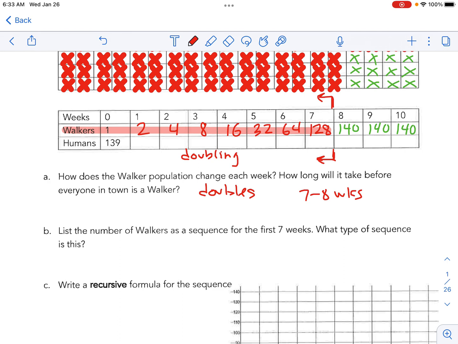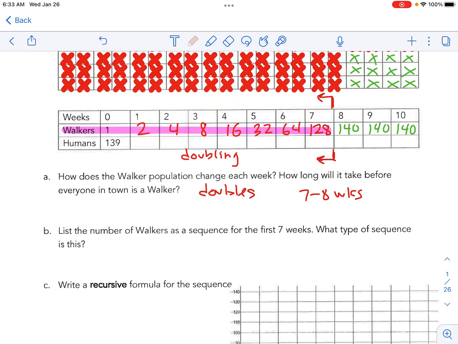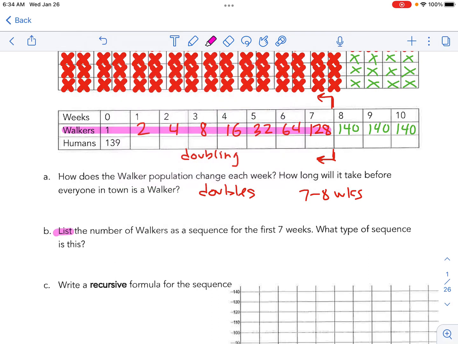So what we're looking at is, let me change the color on this highlight. Let's go with pink. So what we're looking at is taking those numbers for the first 7 weeks, and we're literally listing them. So this list that they're asking us to make is called a sequence. It's a list that follows a pattern. So we started out with 1, and then we had 2 and 4, 8, 16, 32, 64, 128.